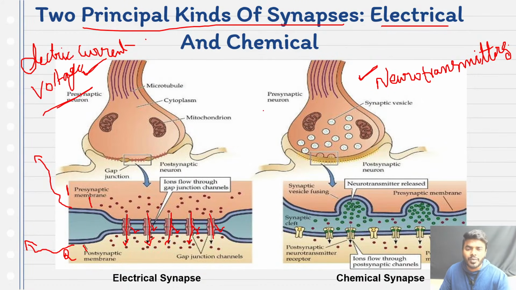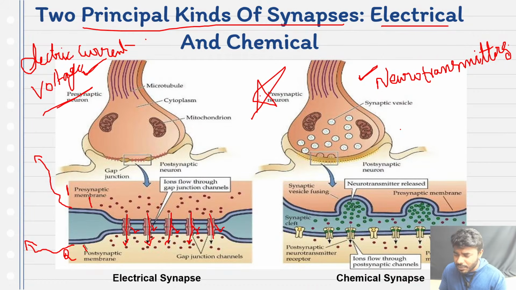Now the most important thing to remember is the same ionic movement with the help of a powerful neurotransmitter like acetylcholine, GABA, 5-HT, adrenaline, noradrenaline, serotonin. There are many neurotransmitters involved in the movement of ions for many purposes, say smooth muscle relaxation, or skeletal muscle movement.